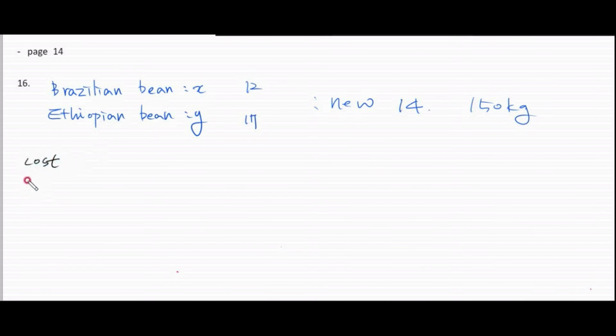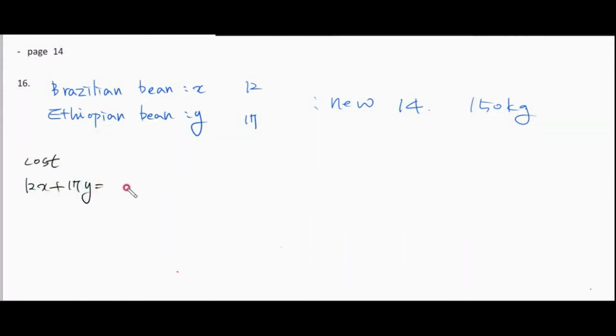Then 12x plus 17y equals 150 multiplied by 14. And then I'll make one for the amount: x plus y equals 150. This is simple. After making these equations, we should change them to y equals form.